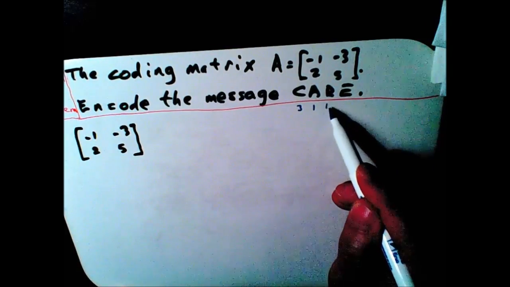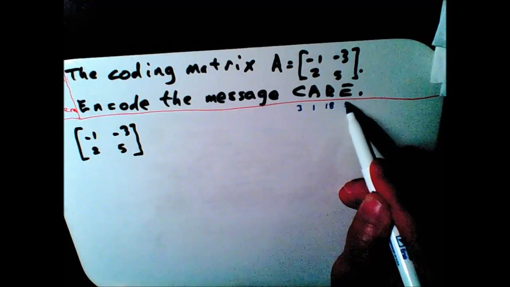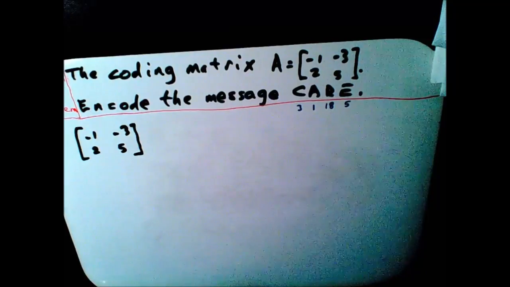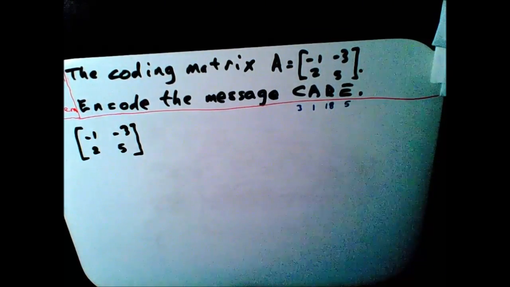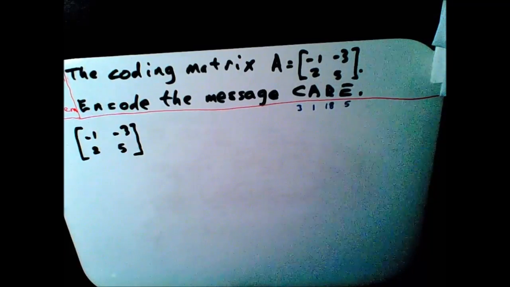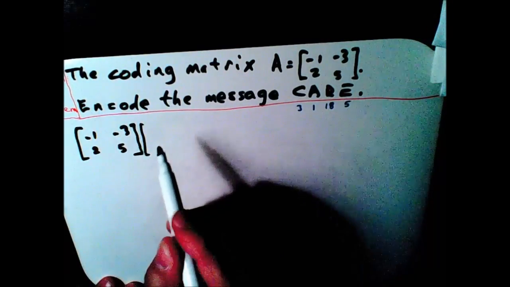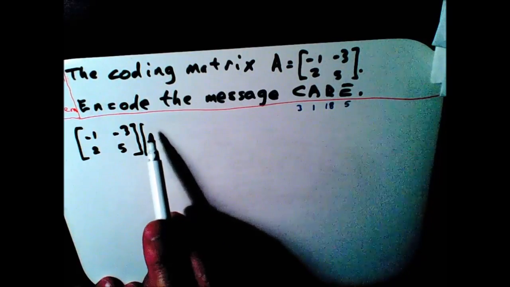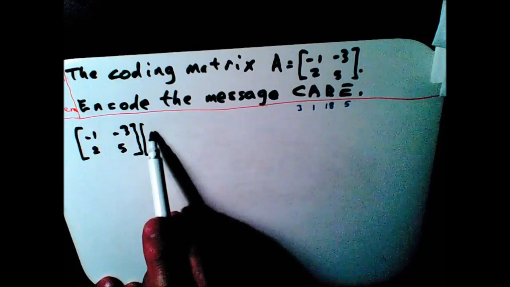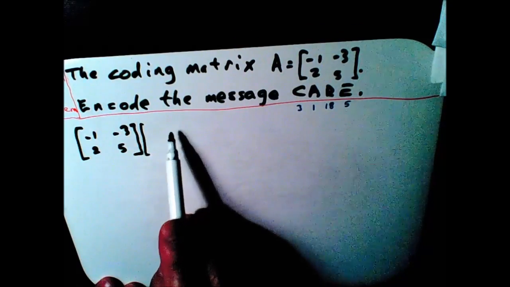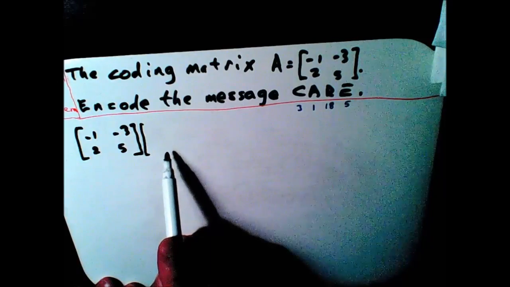R is the 18th letter of the alphabet, and E is the 5th letter of the alphabet. And so we just need to make a matrix of that kind. Well, we might think that it should be row 1 is 3, 1, and row 2 is 18, 5.